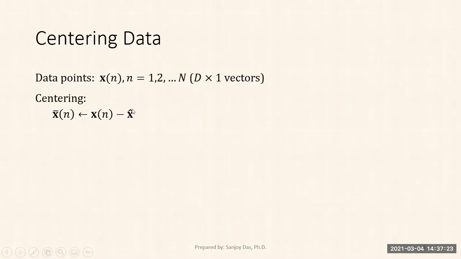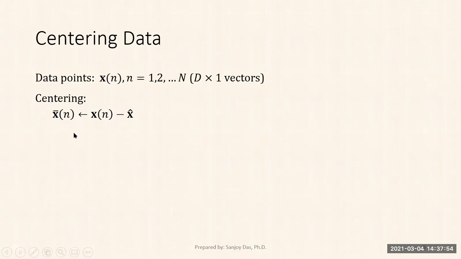Once we subtract the mean, we get x bar n. Now, what's the average or the mean of all x bar n's? It'll be 0, right? That's why it's called centering. So we are shifting it by this amount so that the mean of the x's now becomes 0.